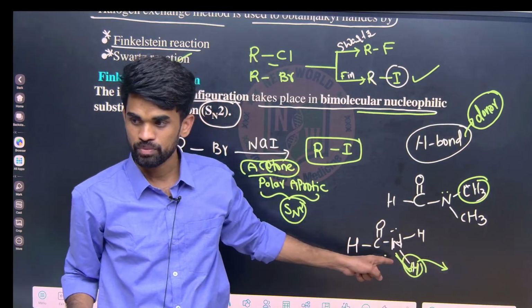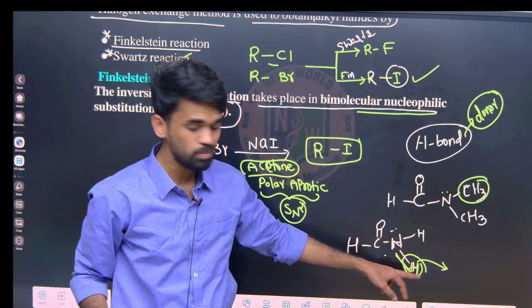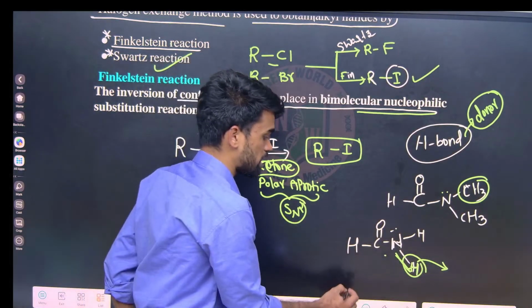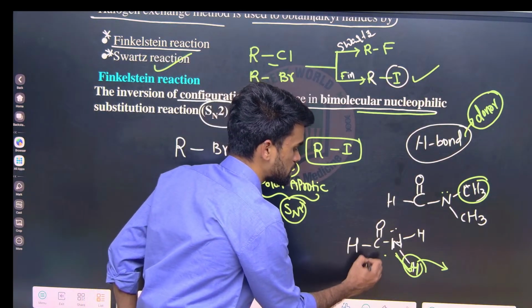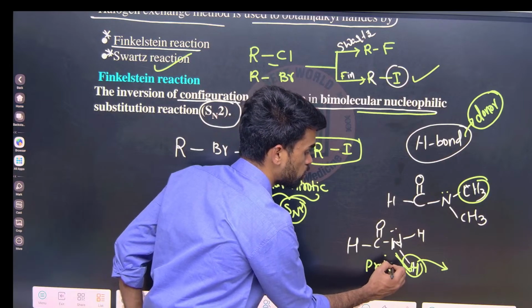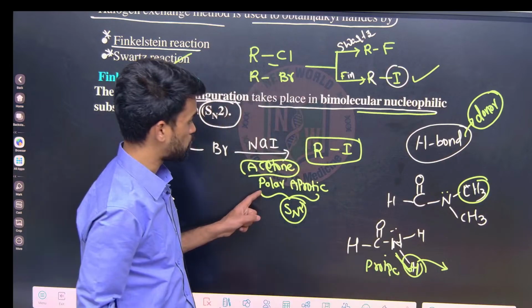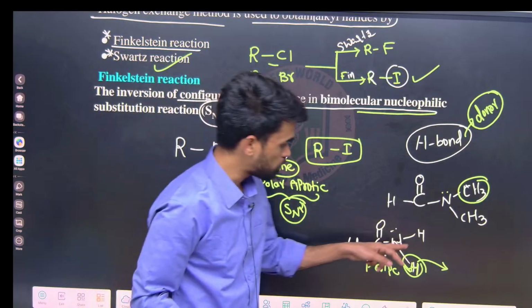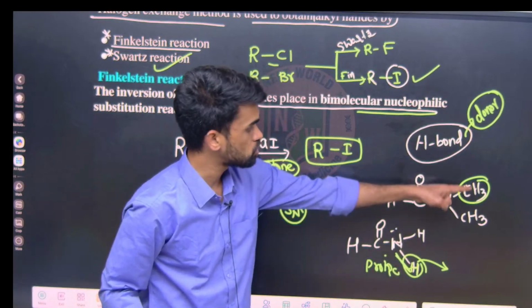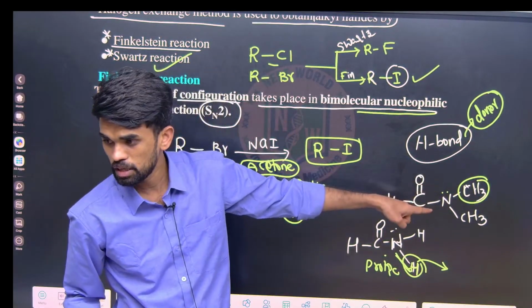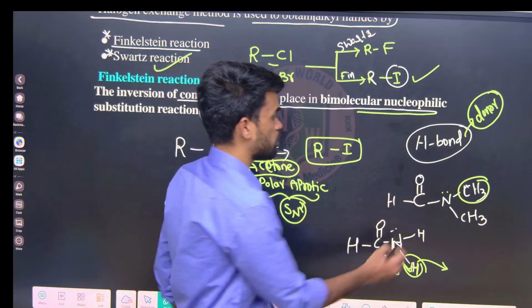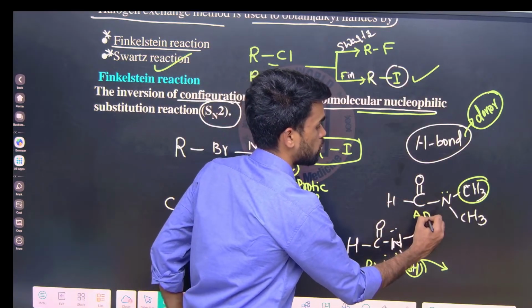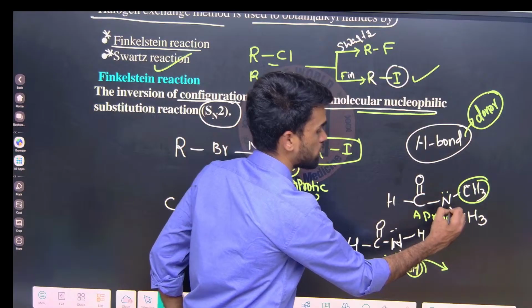If there is a hydrogen bond donor site, you should say it is a polar protic solvent. But what I am saying here is polar aprotic. So if I replace these two hydrogens, there is no hydrogen bond donor site in the molecule, so that makes it polar aprotic. Do you get the difference between polar protic and aprotic?